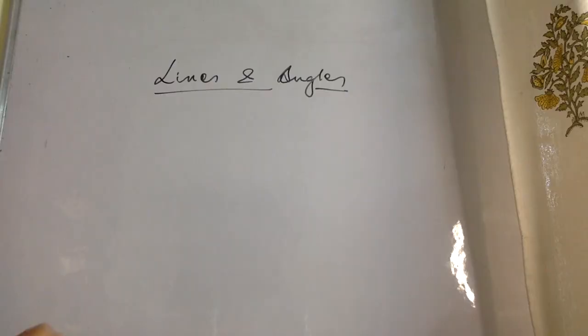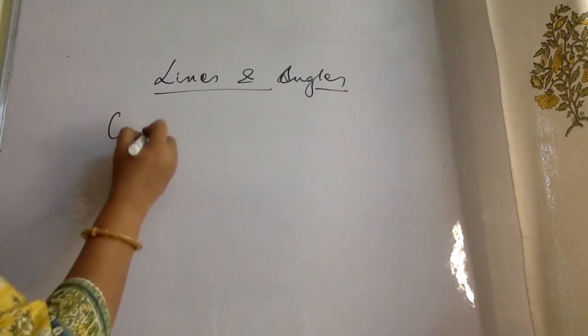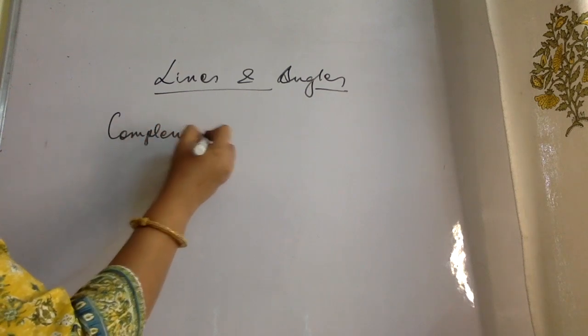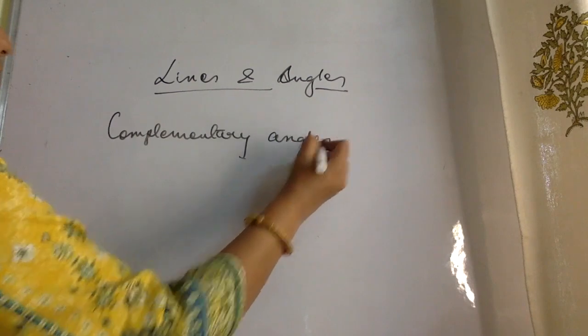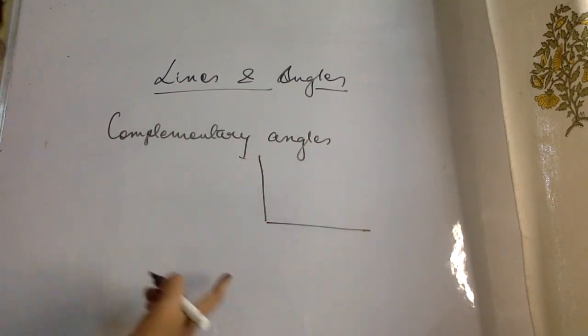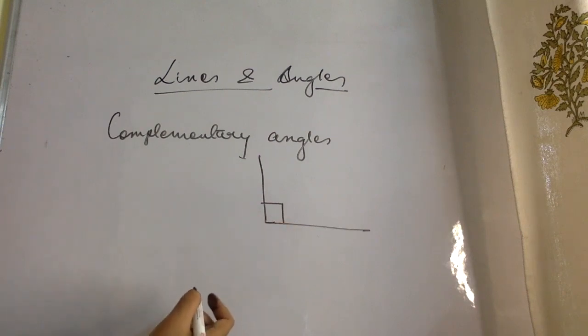The very first thing that we are going to start with is complementary angles. Now what are complementary angles? Supposing we have a 90-degree angle, a right angle over here.